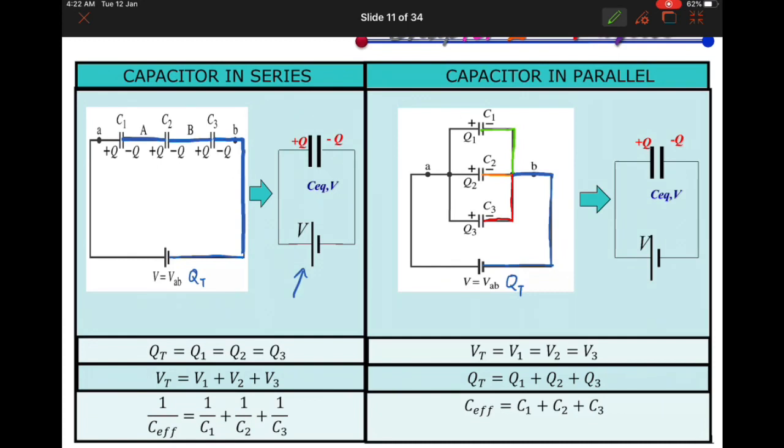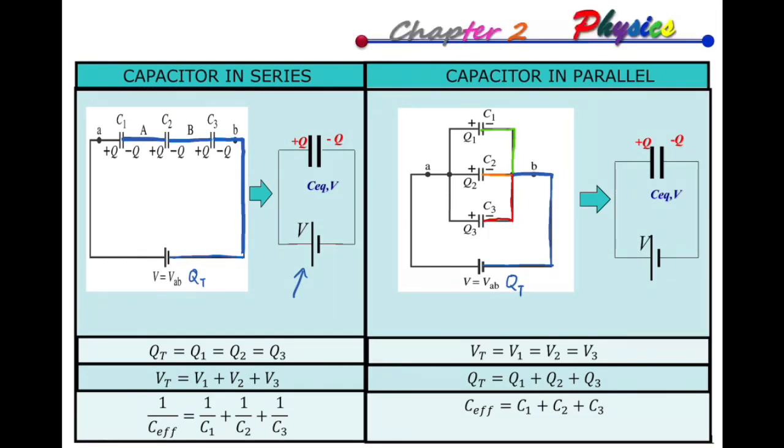So as you can see, the total charge will split off at the junction and then flow to each capacitor. The total charge is not equally distributed across each capacitor. And this is why if we try to find the total charge for capacitors in parallel, we will get the total charge to be equal to Q1 plus Q2 plus Q3.